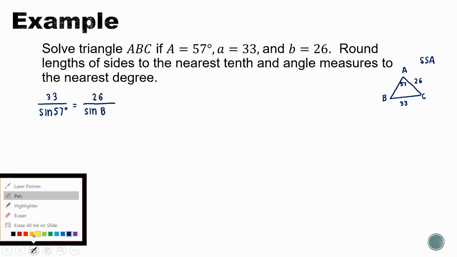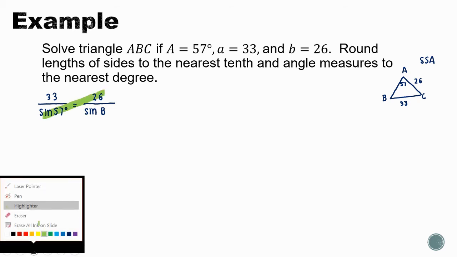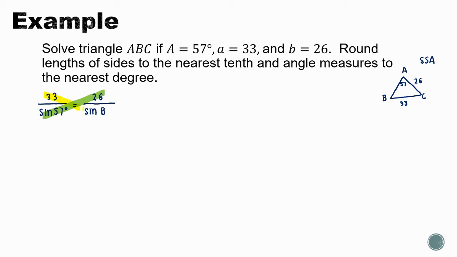We are now going to cross multiply like we have every other time. But this time, notice that we are solving for an angle and not a side. So we want to figure out what the measure of angle B is. When we cross multiply, 33 times the sine of angle B equals 26 times the sine of 57 degrees.